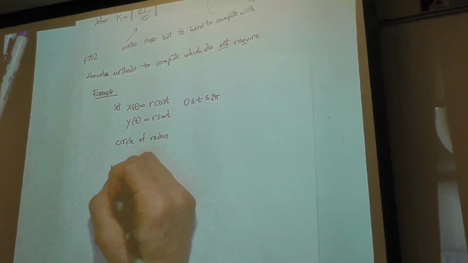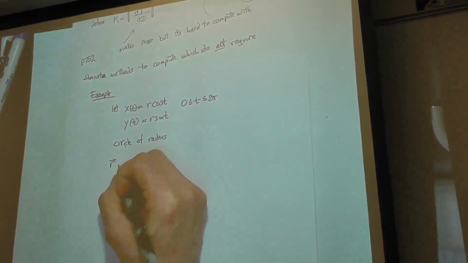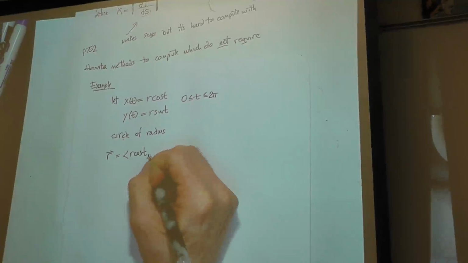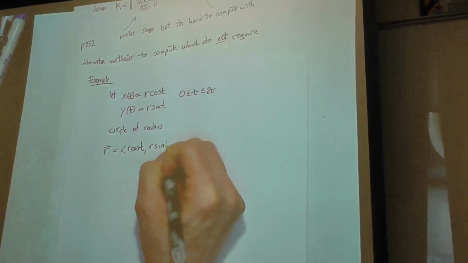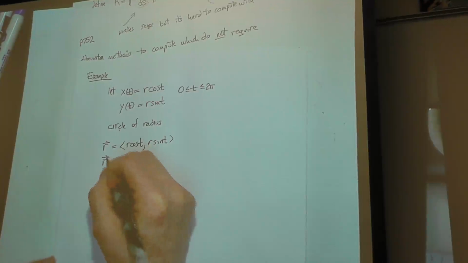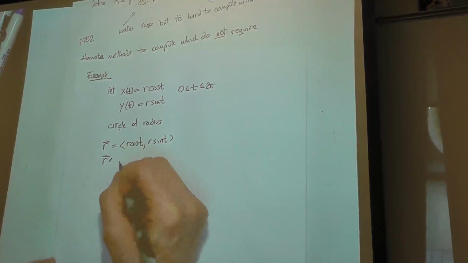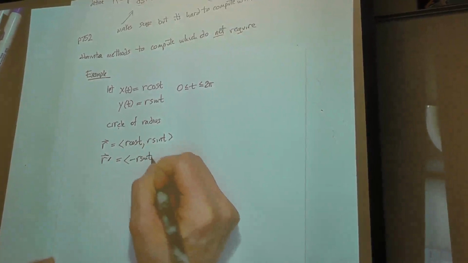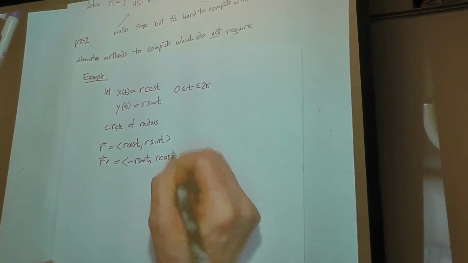So my r here is r cosine of t, r sine of t. R prime is minus r sine of t, r cosine of t.